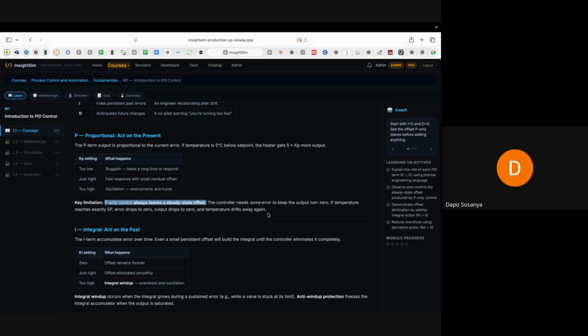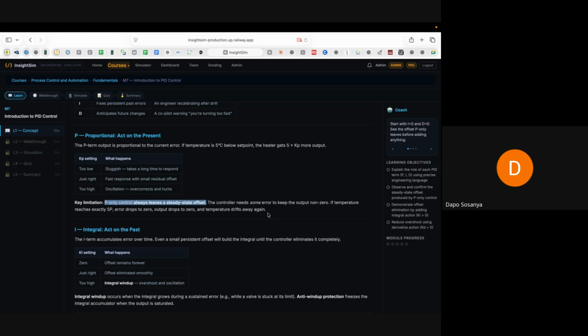That's very important to note. So for those planning to write certification exams and so on, this is key, because it's a key characteristic of the proportional controller, right? It leaves a steady state offset.